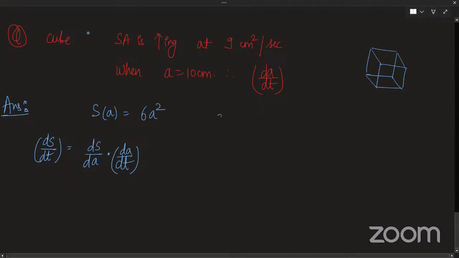Can you calculate the value of dS by da? You just need to take the derivative of 6a square with respect to a. What will be the derivative? 12a, sir. Yes, 12a. So this can be written as 12a into da by dt.